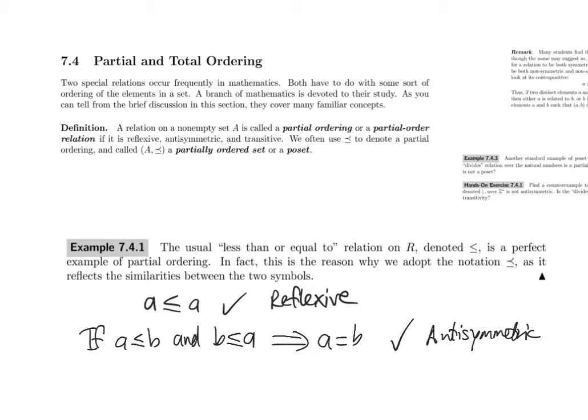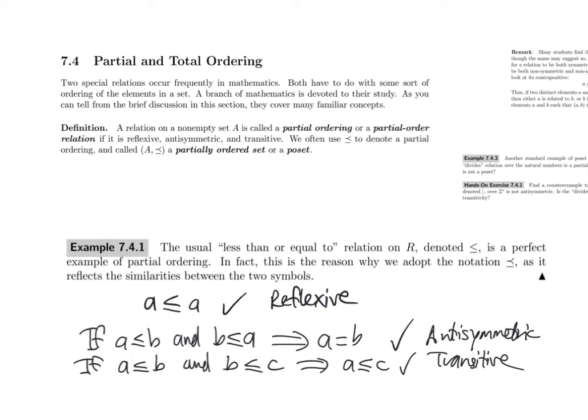And finally, just from our experience throughout math, we know that if a number a is less than or equal to a number b, and that number b is less than or equal to some other number c, we can conclude that a is less than or equal to c. And this is exactly satisfying the definition of transitive for a relation.